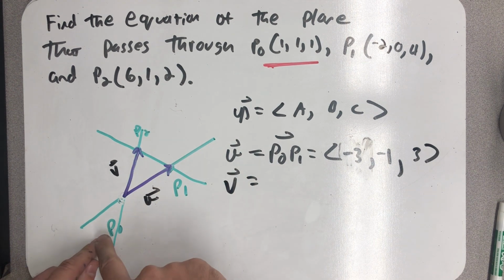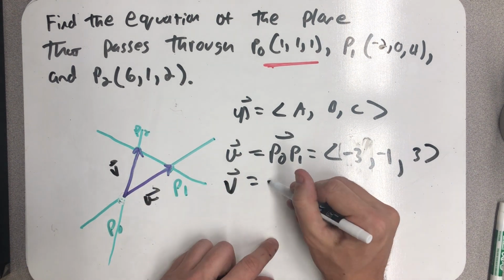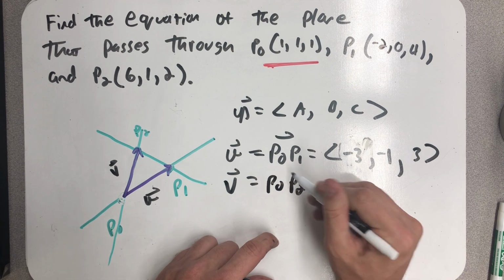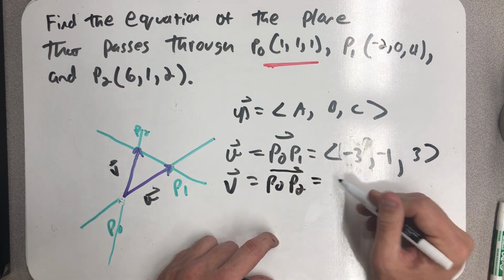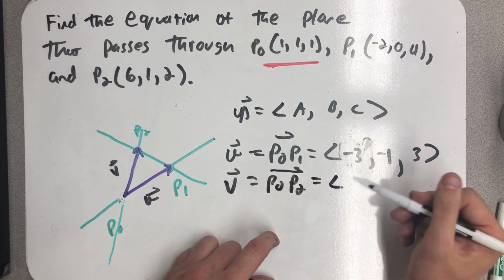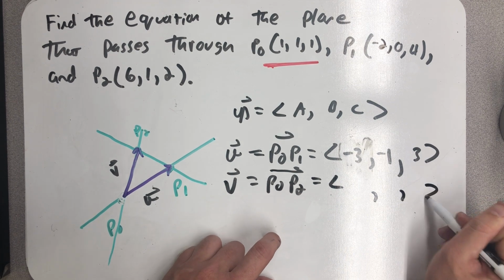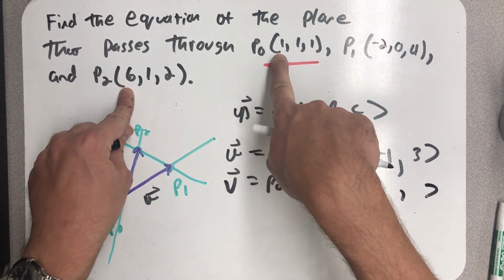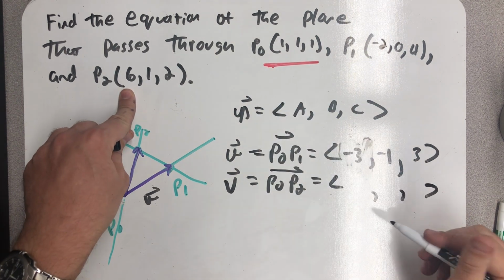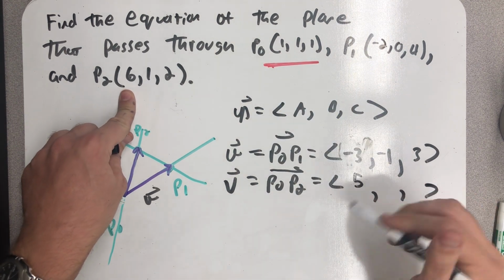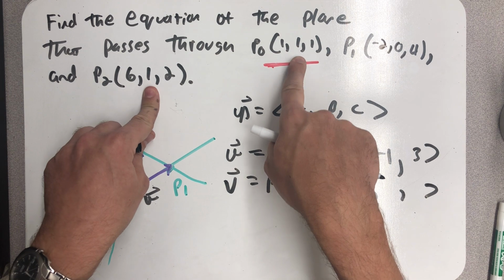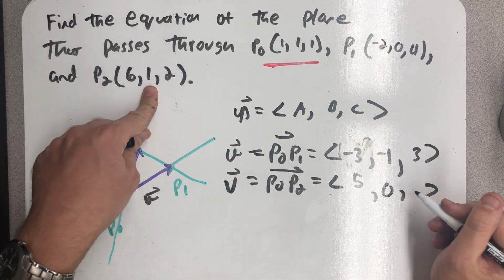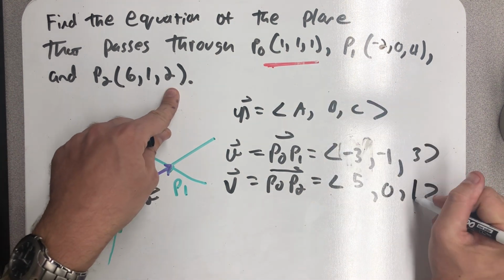We'll let that be the vector that points from P0 to P2. 6 minus 1 is 5. 1 minus 1 is 0. And 2 minus 1 is 1.